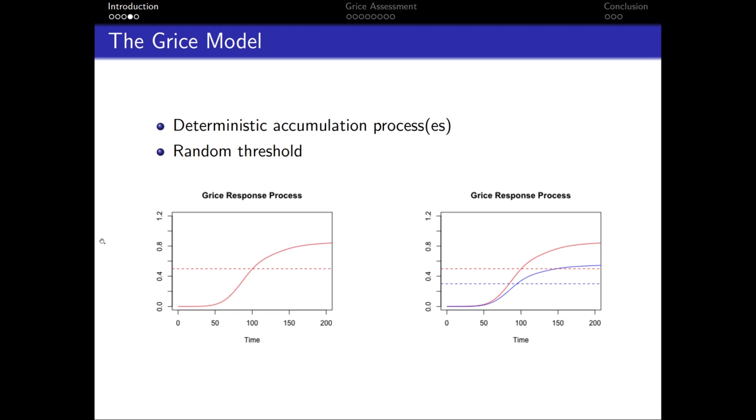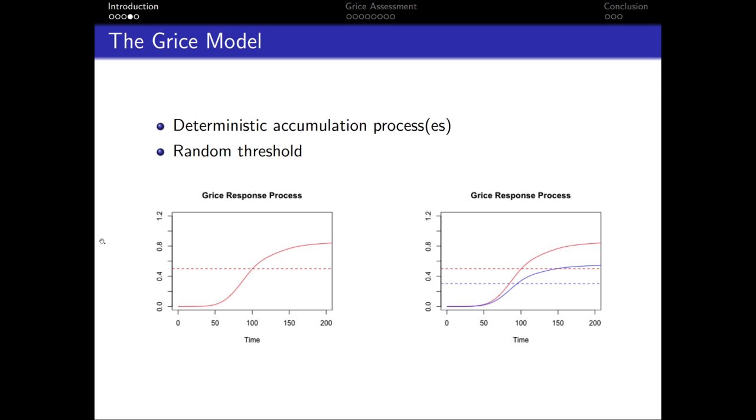The right graph illustrates what this might look like for a two-choice situation, where the blue lines are associated with one choice and the red lines associated with another choice, and the solid lines indicate the accumulators and the dashed lines a random sample of the threshold. Whichever accumulator finishes first determines the choice.